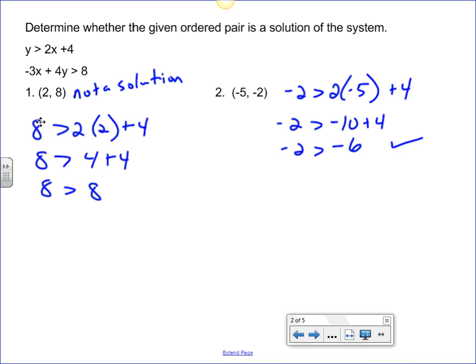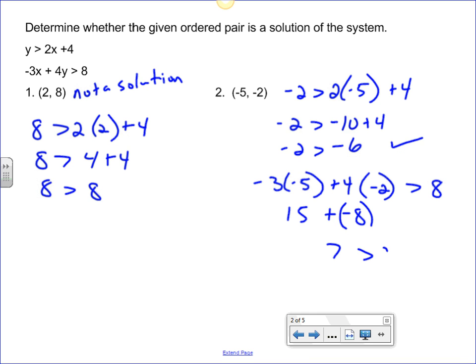So then I have to plug it into the second one, see if it works there. So I'd have negative 3 times negative 5 plus 4 times negative 2. Is that greater than 8? So I'd have 15 plus negative 8, so I'd get 7. Is 7 greater than 8? And that would be no.